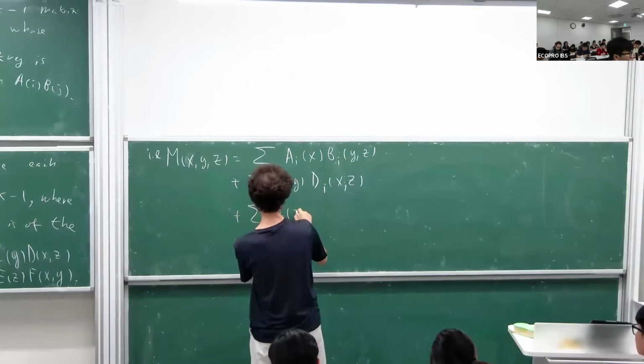This is a tensor with just a single non-zero entry, at position (i, j, k). So this tensor has slice rank 1.